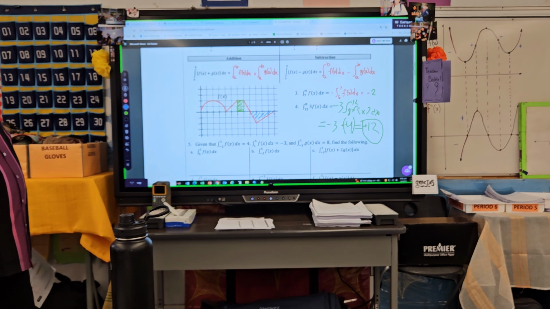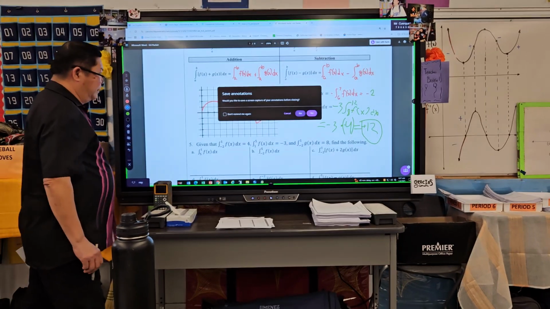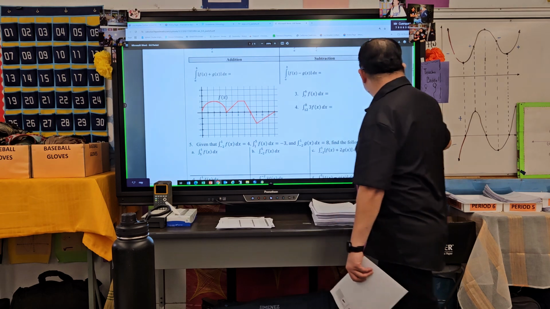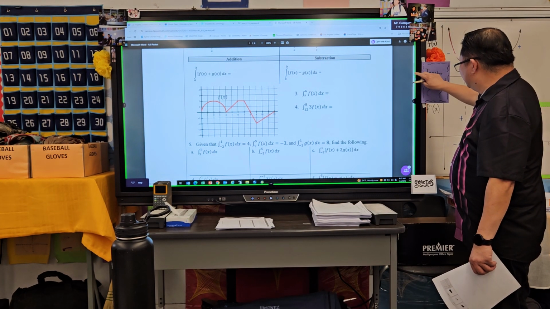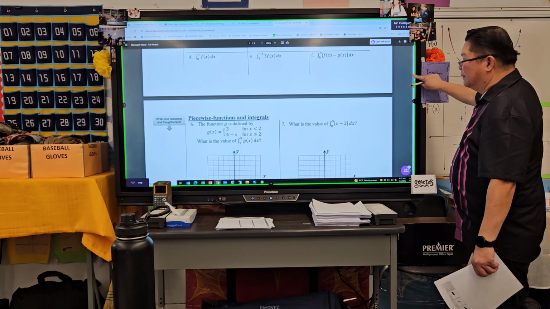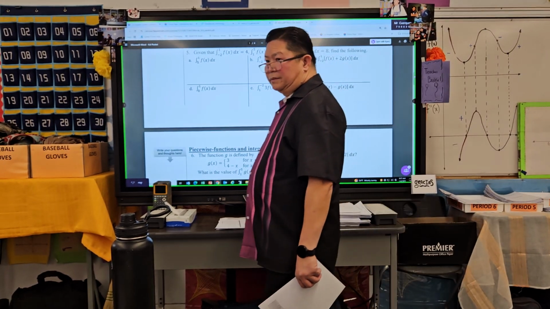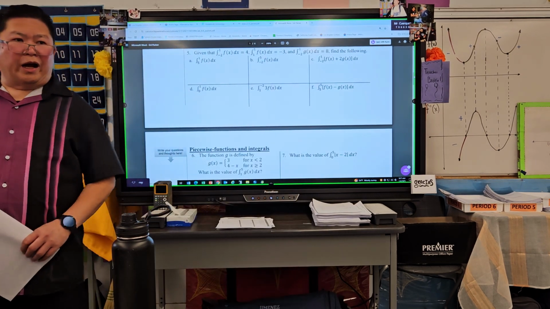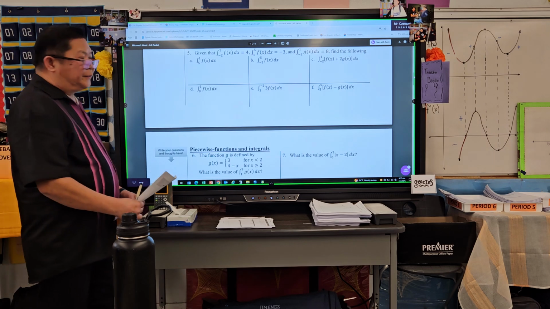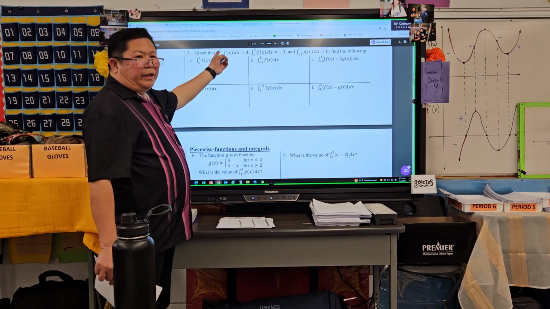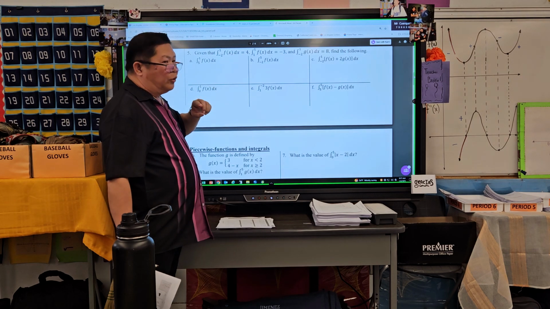So let's do 5. If you have a highlighter, I need you to highlight first the given. The first given is the integral from negative 2 to 1 of f of x dx is equal to 4.